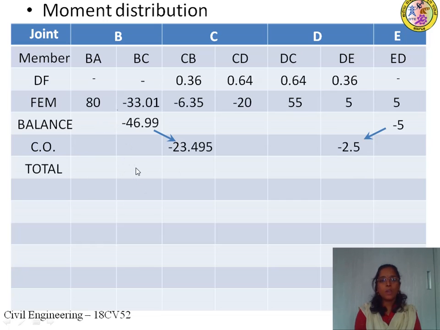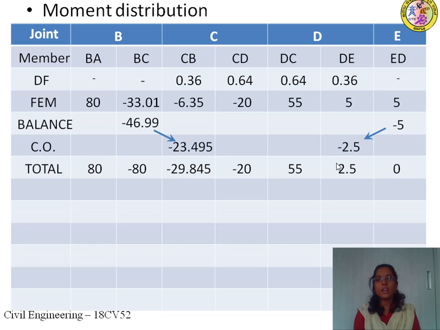So MBA is 80, MBC is minus 80, MCB is minus 6.35 minus 23.495, that will be equal to minus 29.845, and MCD minus 20, MDC plus 55, and MDE plus 2.5. ED will be 0. So now we have balanced joints E and B. So now we are left with balancing joint C and joint D. Next, go for balancing joint C and joint D.